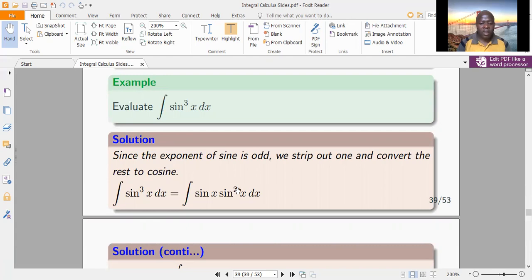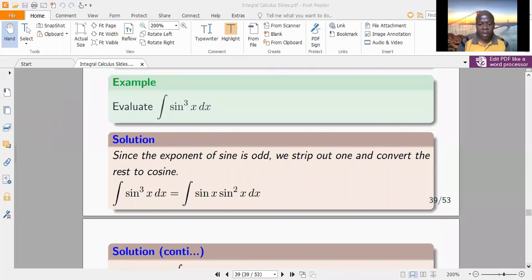Convert this sine x squared to cosine. I know that sine x squared is the same as 1 minus cos x squared. So bring that in. You must have cosine coming in whenever you are doing this type of integration and you are only given sine.